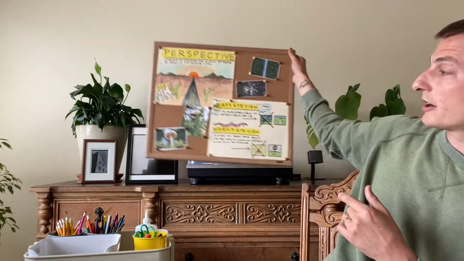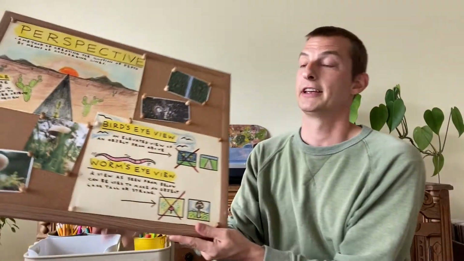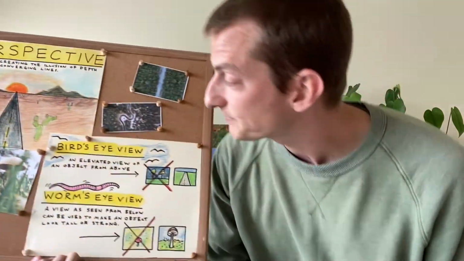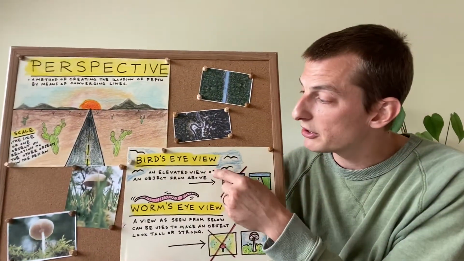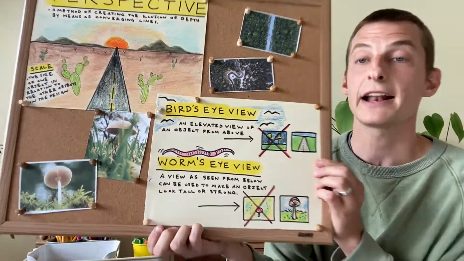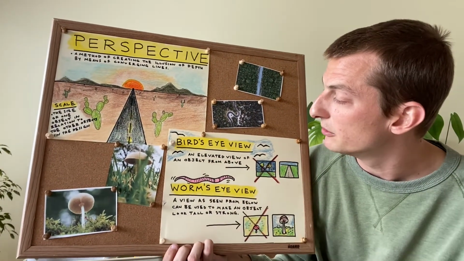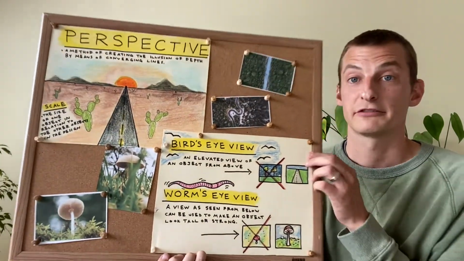So let's now use what we've learned about perspective to talk about a couple different perspectives that you may have seen before. One of those is a bird's eye view, and that is an elevated view of an object from above.